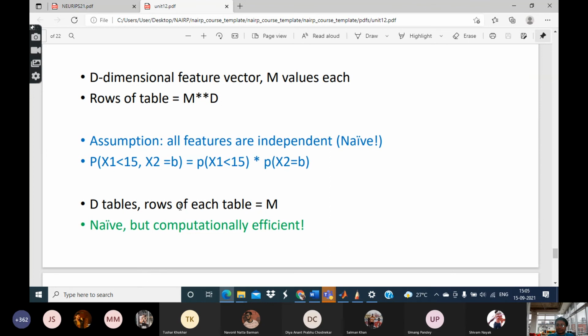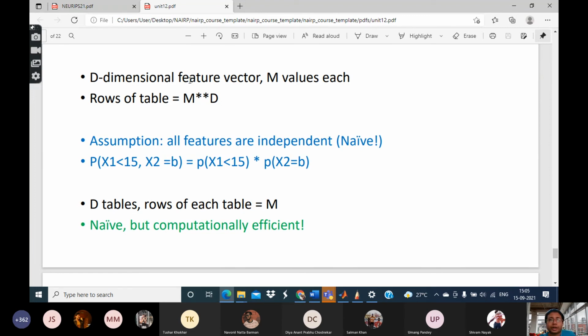What we gained here is computational. Instead of having m power d rows in the table, you will get d separate tables, one for each feature. And then each of those tables will have m rows. So the total number of rows you get this way is m times d.